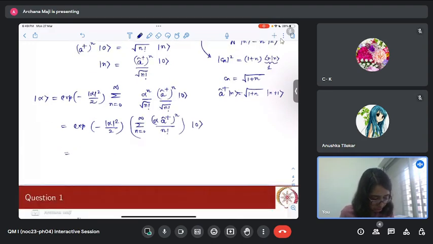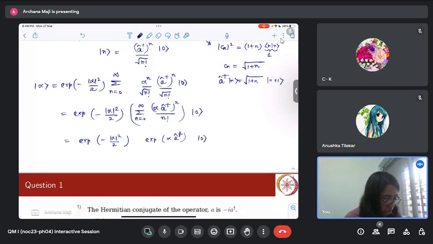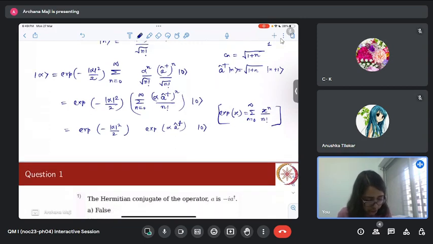So this is nothing but exponential of alpha a dagger. I already said this on the earlier page, but let me say it again: the Taylor expansion of exponential x is the sum from 0 to infinity of x to the power n over n factorial. That's what we are using here. So this is our coherent state.